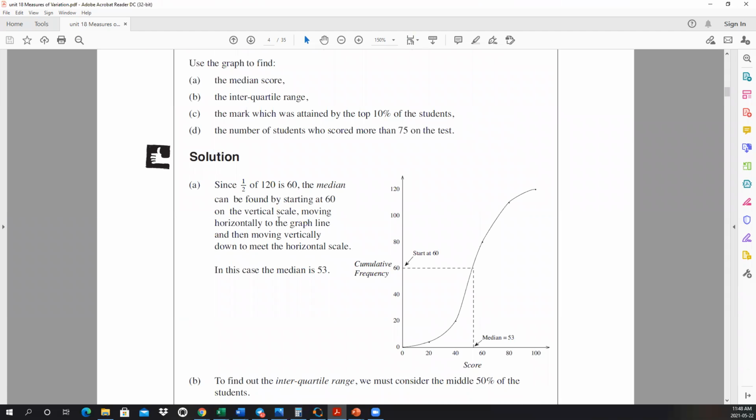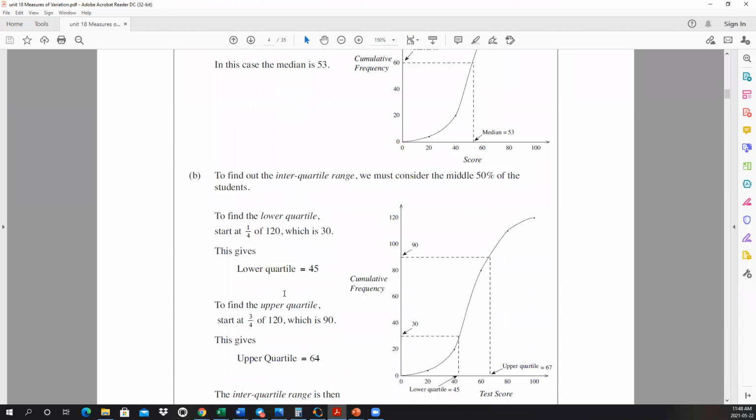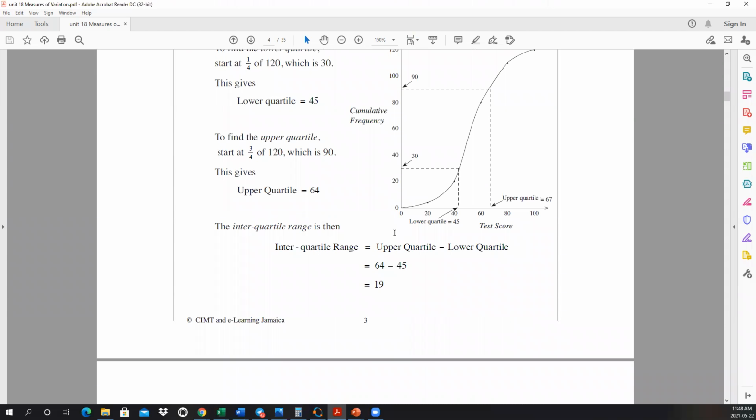But this is where they put the definition, which I would probably say, look at this first, how it's defined, and then you can understand what to do. So the interquartile range is the difference between the upper quartile and the lower quartile. So what are these things saying?